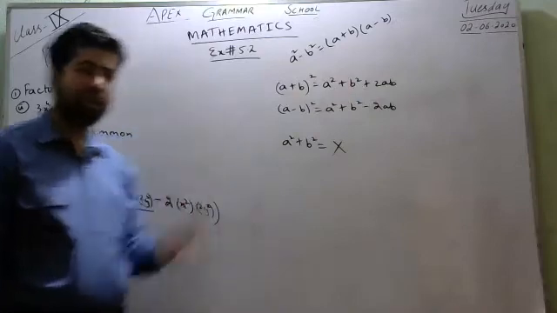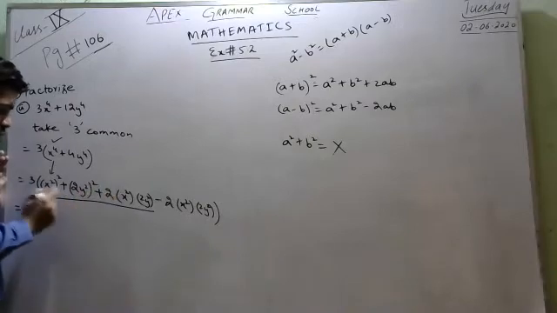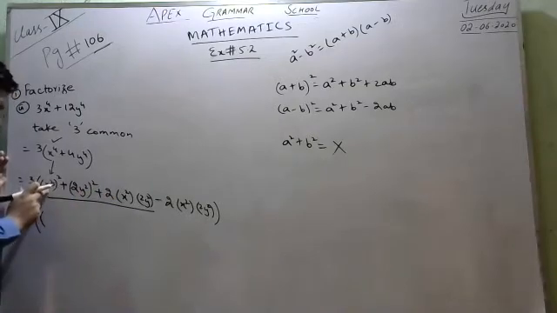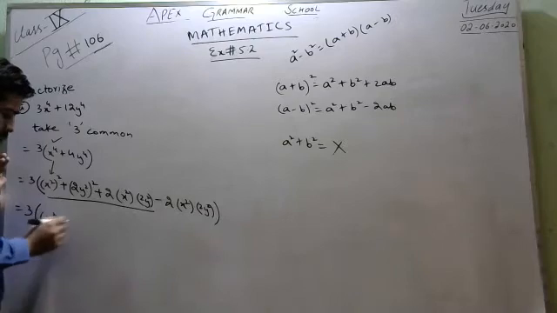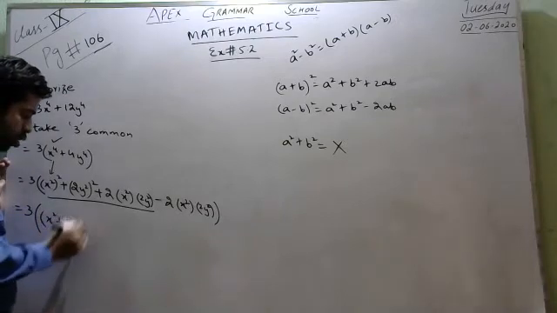This is equal to (a + b)². What is the value of a here? That is x². Plus the value of b here is 2y², whole square.